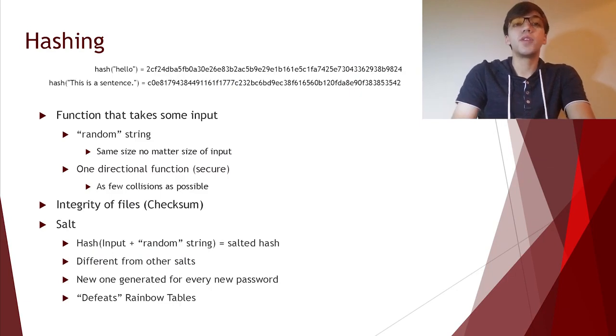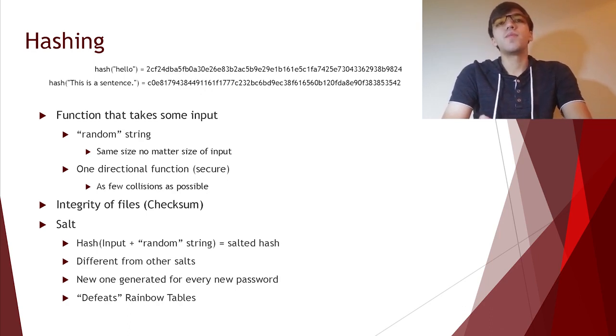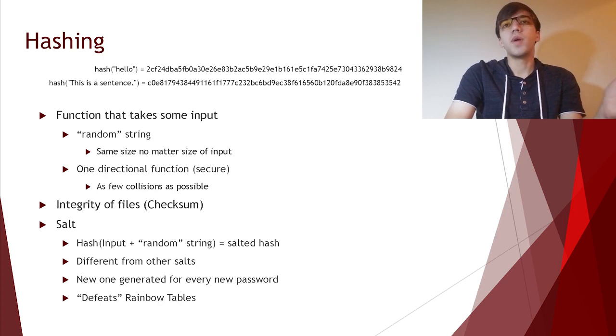There's one more thing I wanted to talk about, and that is hashing. You can see at the very top here, we're taking some hashing function, I believe it might be MD5.